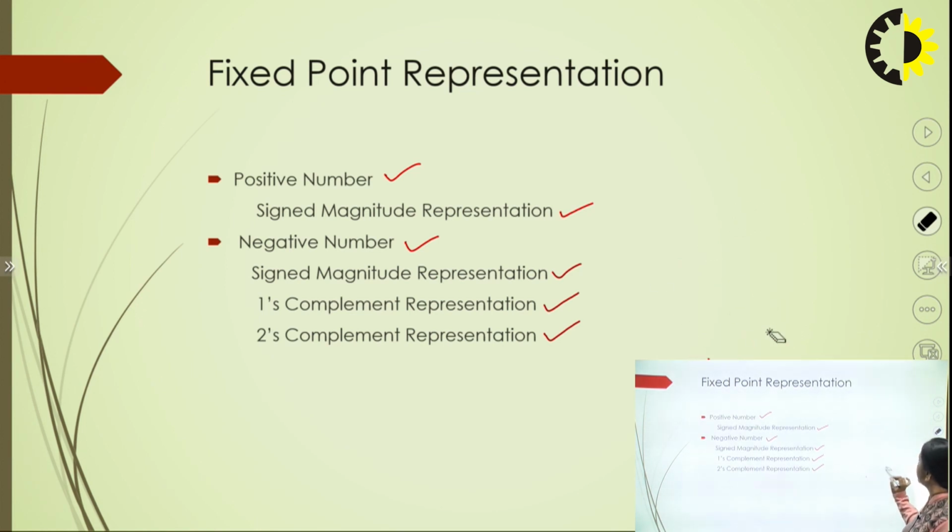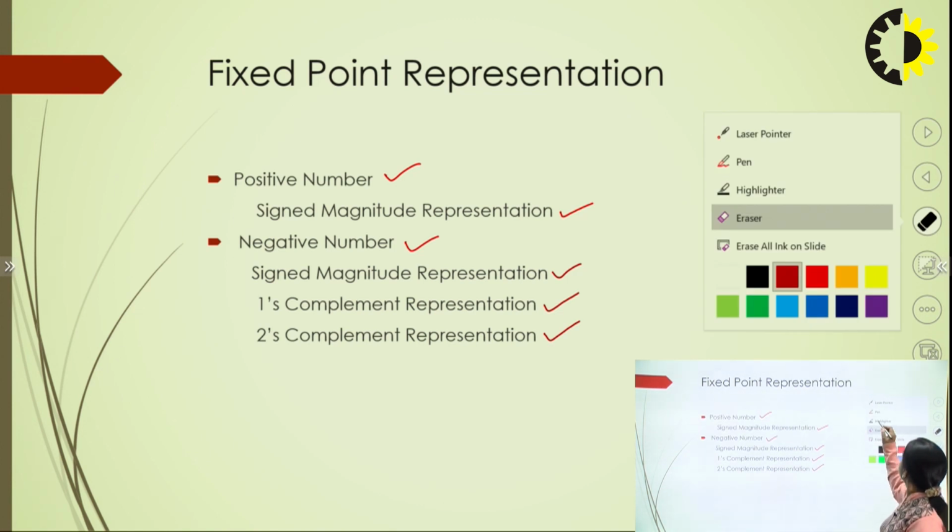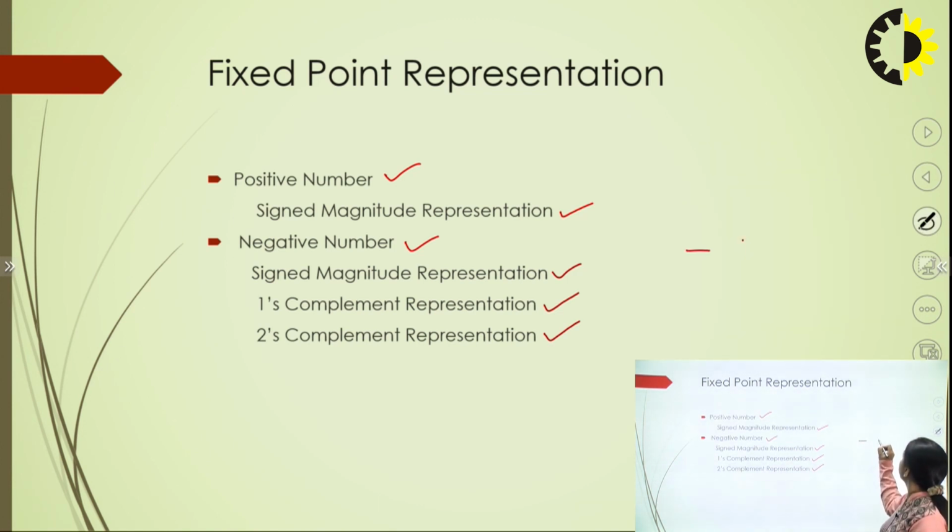Now the next representation is 2's complement representation. In 2's complement representation, we take the 2's complement of the magnitude value. You can see the example here, minus 1: 1 for the sign bit, 0, 0, 1 for the magnitude value, then convert into 1's complement, and to convert into 2's complement form, we add 1 here.